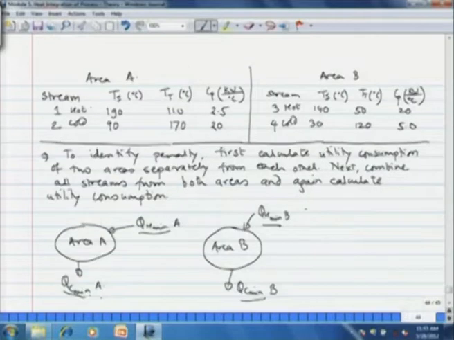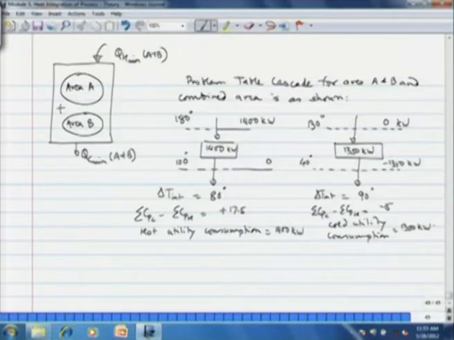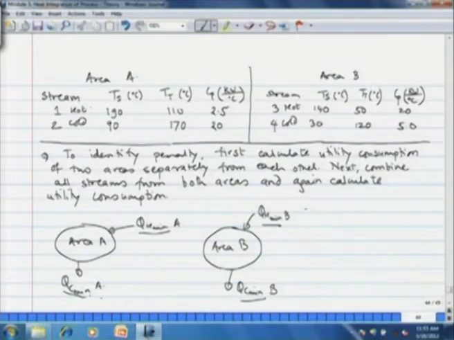Here delta T min is 20 degrees, so we have to shift the temperatures by 10 degrees. So here the hot stream's shifted temperatures are 180 and 100, and the CP value is 2.5.